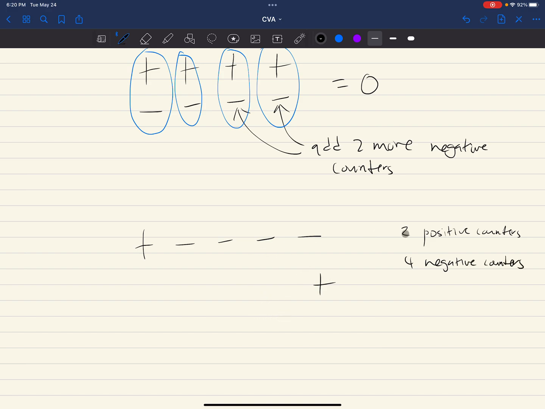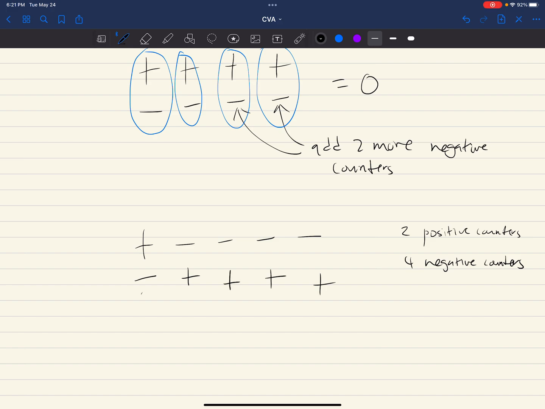Which means that I'm going to have an equal number of counters here. I need to have an equal number of positive counters and negative counters to have a 0 value. So what I'm going to do is add a negative for this one, and add a positive, positive, positive.